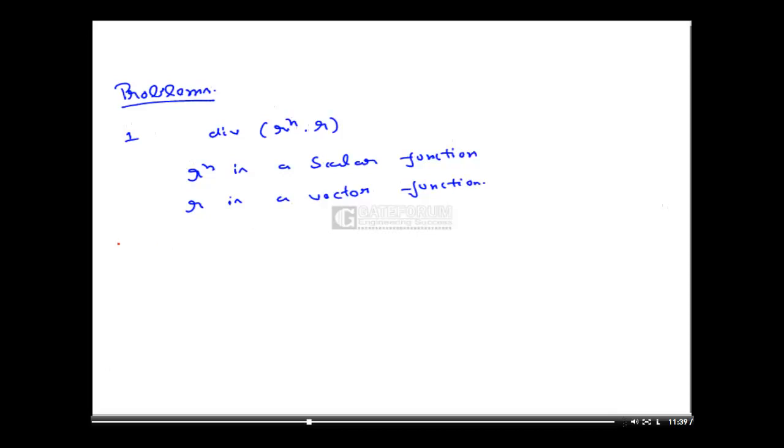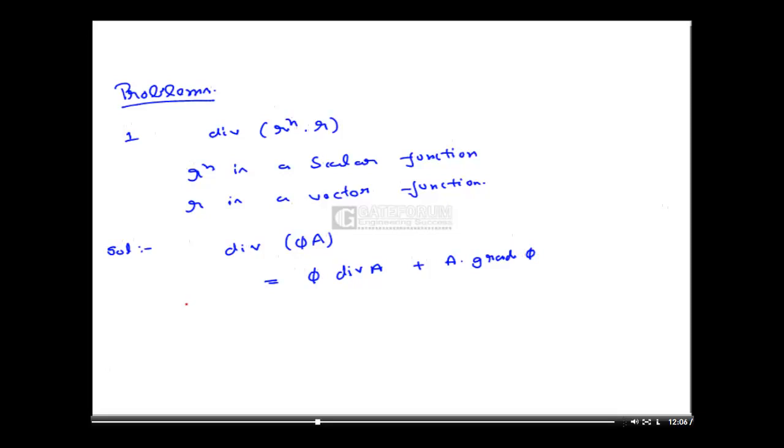Okay. So if you look at the solution, it is nothing but divergence of phi a. Okay. So the identity which we have to use for this is phi divergence a plus a dot gradient phi.